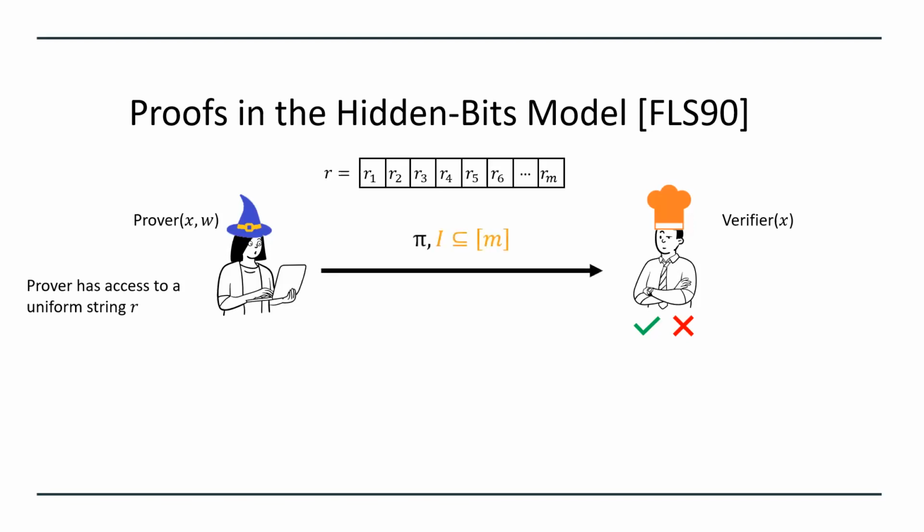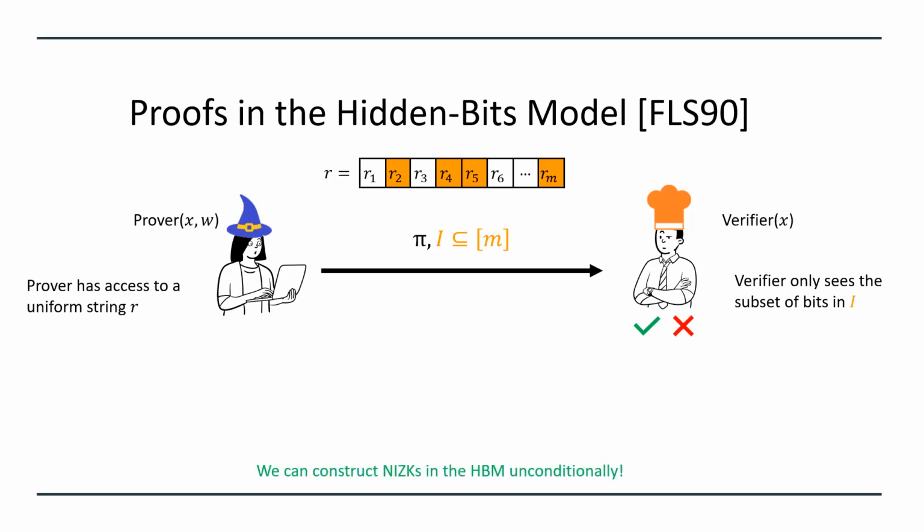When the prover sends its proof, it also sends an index set capital I, which reveals the chosen indices to the verifier. But the verifier cannot see any of the non-revealed indices. And it turns out that in this model, we can get NIZKs unconditionally.